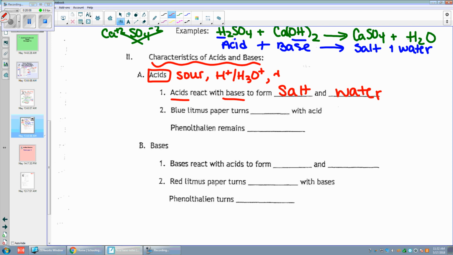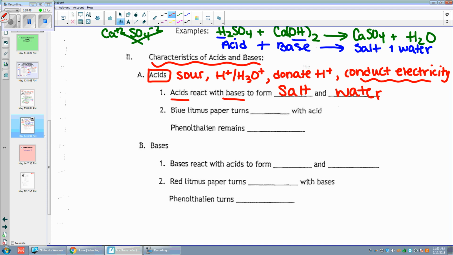They donate H plus as that alternate definition. And they conduct electricity. That will be important to know. They will conduct electricity because acids and bases will break into their ions. That will be very important. So actually, I'm going to underline that. Acids and bases will conduct electricity.